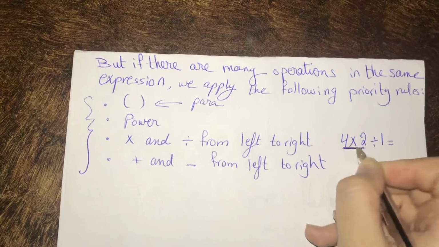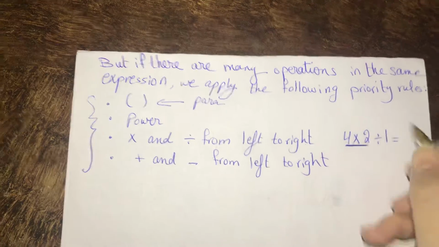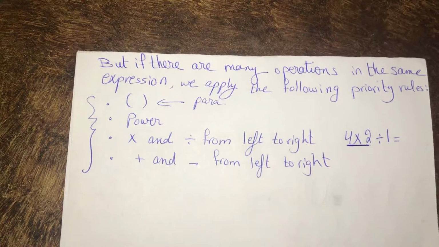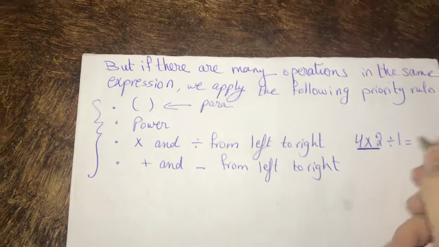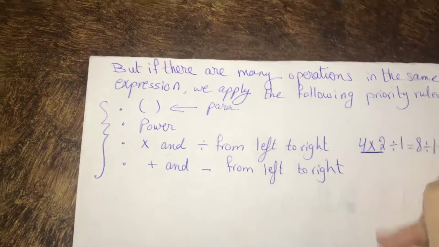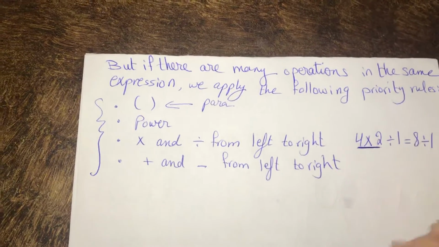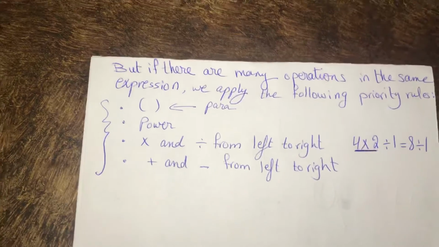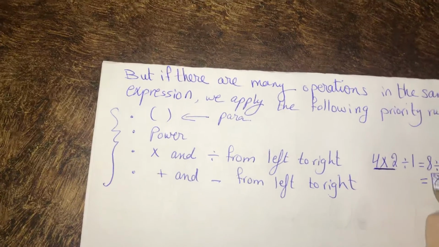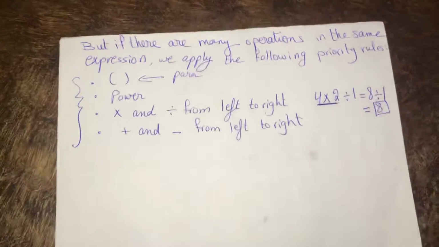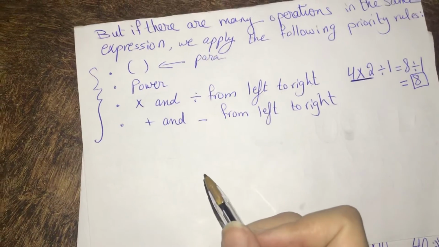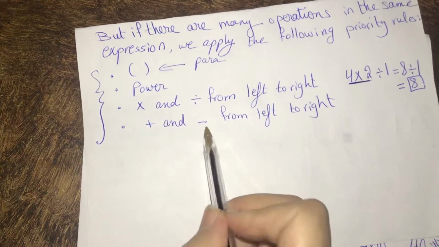You should take 4 times 2, not 2/1, since 4 times 2 is from the left side, okay? So 4 times 2 is 8. 8/1, since they are constant, I put it. So 8/1 is 8, okay? The same goes for plus and minus.